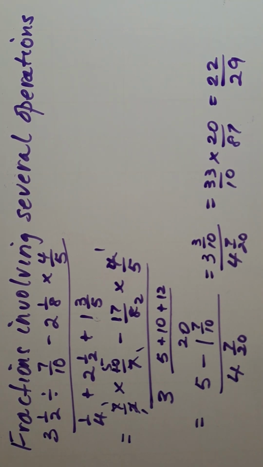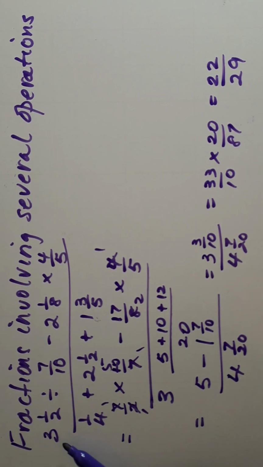So note that I've kept all my calculations together. I haven't gone off and done any sub-calculations. And if you're fluent in dealing with fractions, you'll be able to just do the simple sub-calculations mentally.